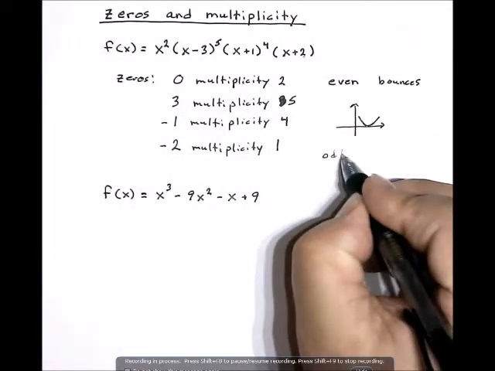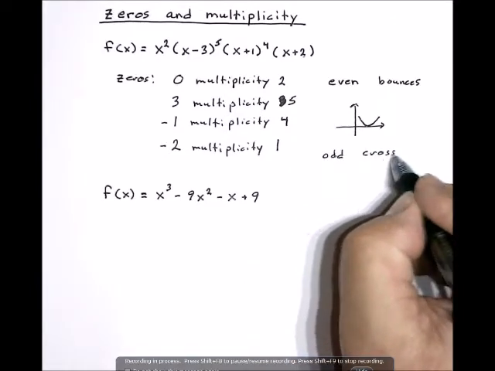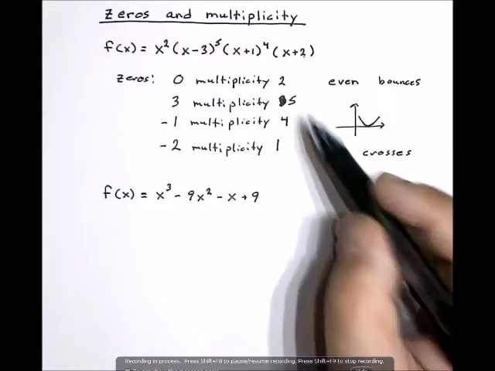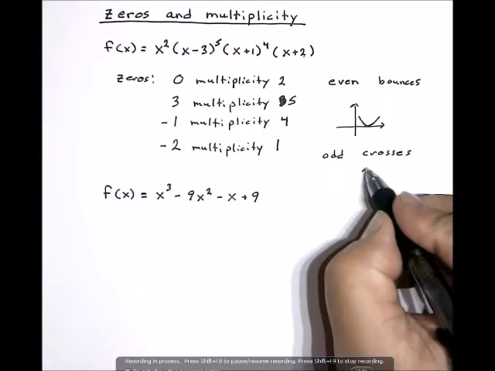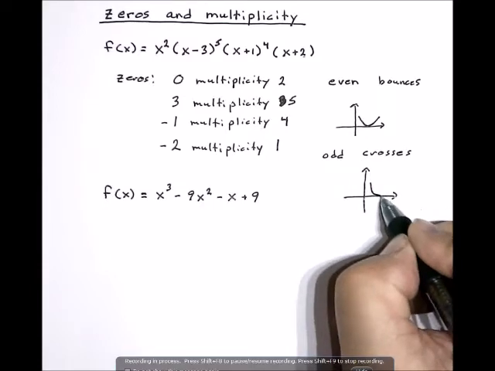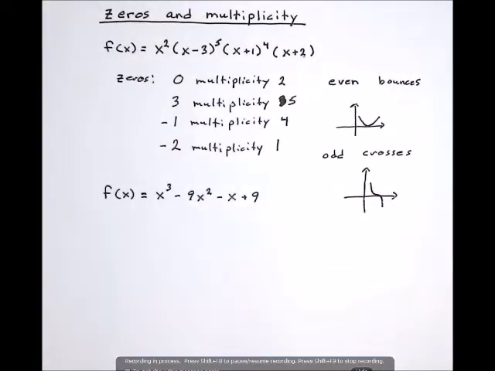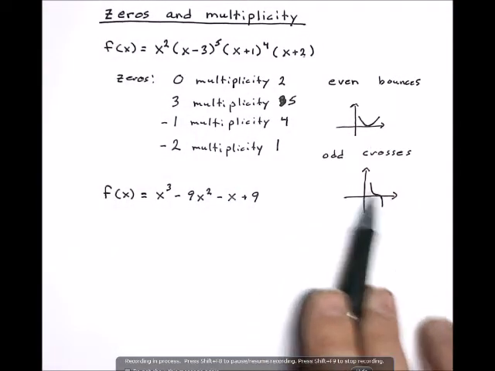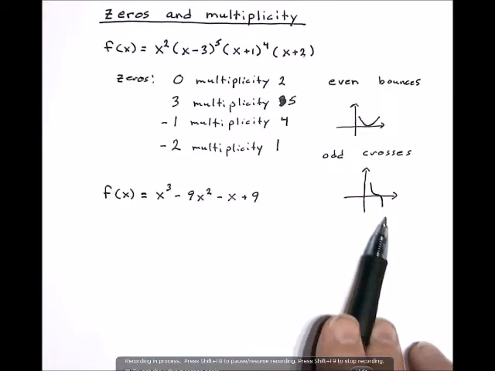If it's odd, it crosses. In other words, at 3 and at -2, where I have odd multiplicity, the graph will come down and go through the graph at that point. So if it's even, the graph touches and bounces off. If it's odd, it goes through the x-axis at that point.